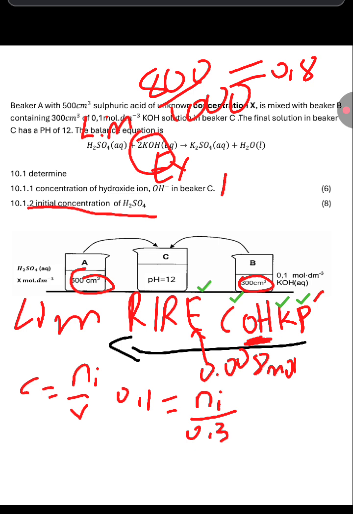So the initial number of moles that we get is 0.03 moles of KOH.